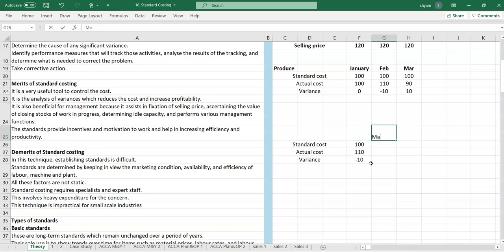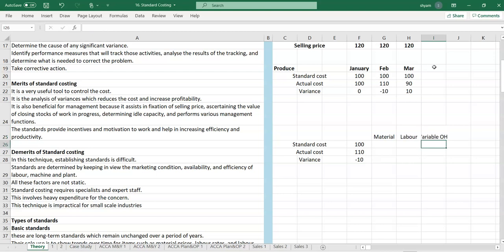What is the material price? What is the difference in the material price? What is the difference in the labor or production cost? Or what are the other overheads, like variable overheads? How much change in the total is becoming there because of that?